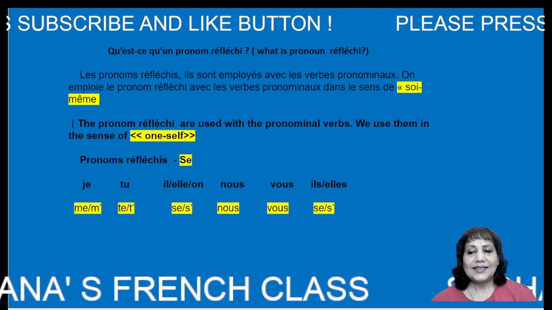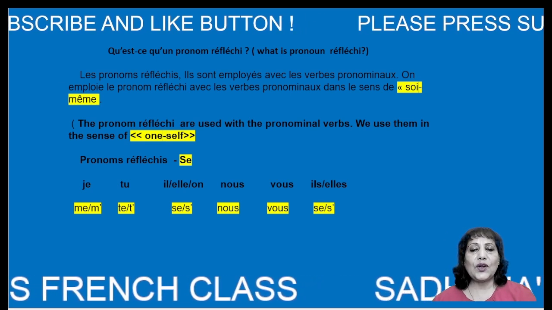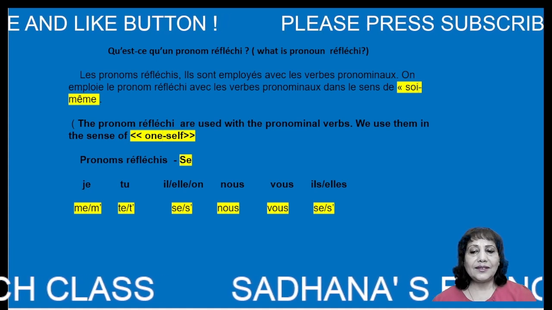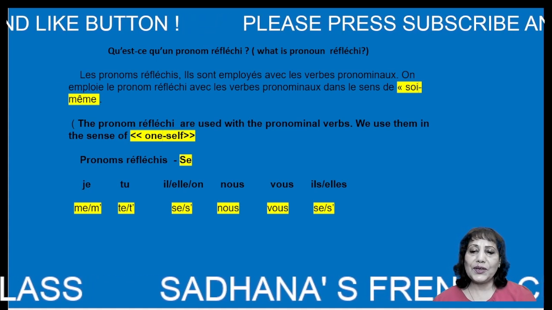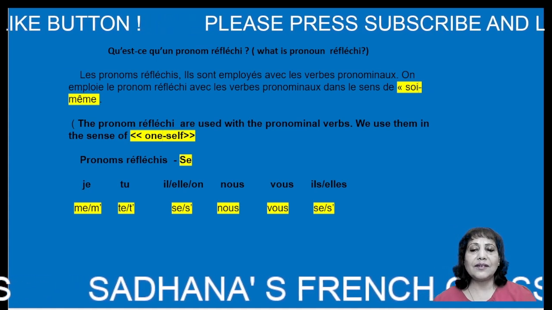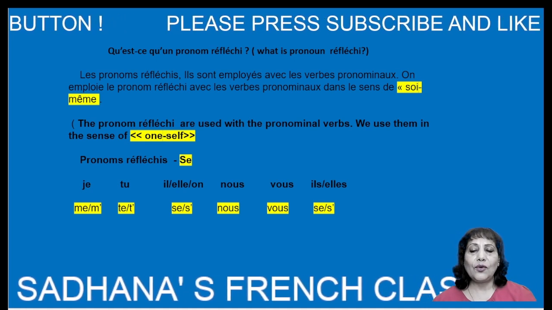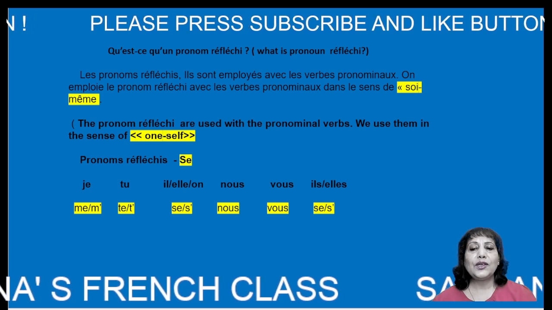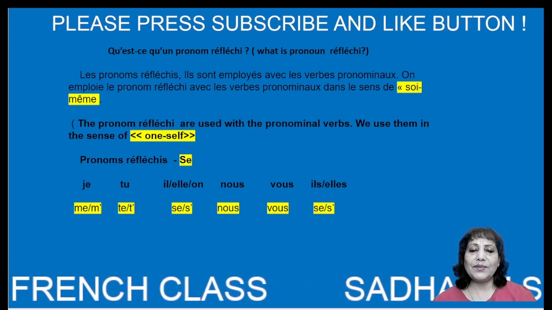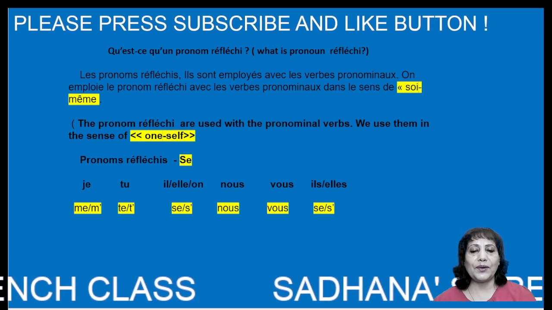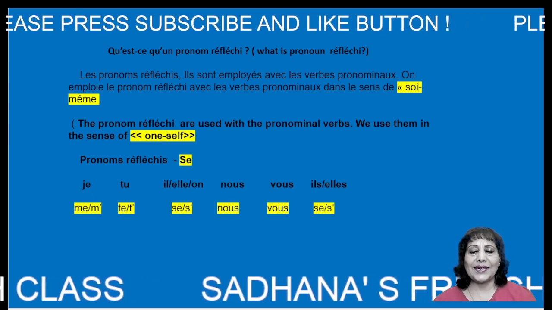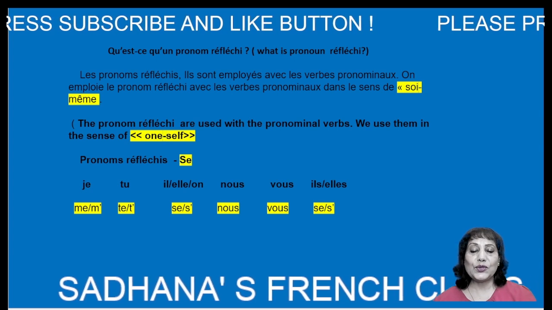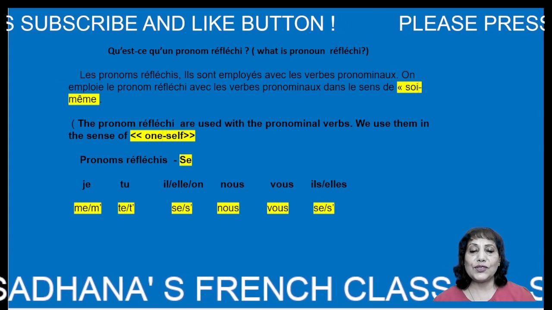So me or m apostrophe with the je pronoun subject, te or t apostrophe with the tu pronoun subject, se with il or elle, or s apostrophe. Nous, it looks the same, but you will say nous nous appelons, and nous nous présentons, so we are introducing ourselves.